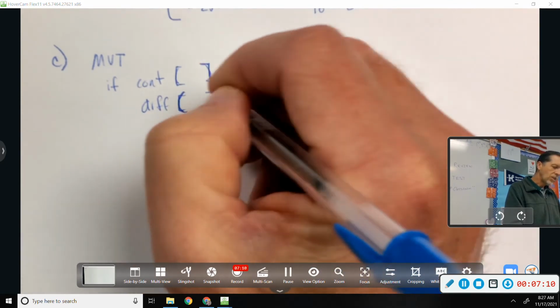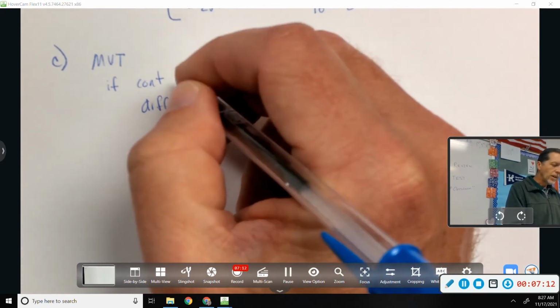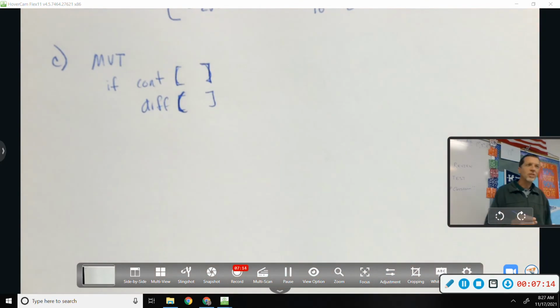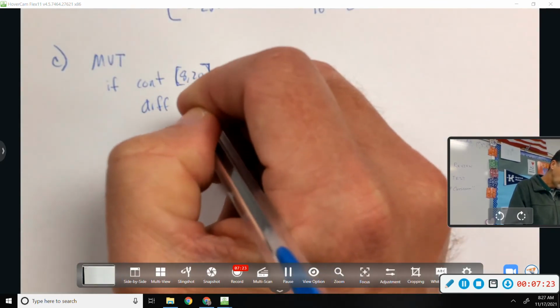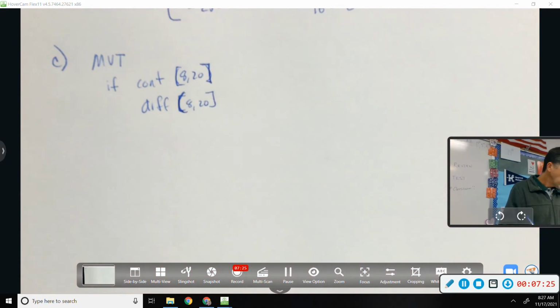I think it's continuous on the, well, it rarely matters. So if it's continuous and differentiable, that's going to be the issue here. From 8 to 20 is what we're looking at. Does the mean value theorem guarantee a value for c such that v'(c) is equal to this average rate of change? Why or why not?